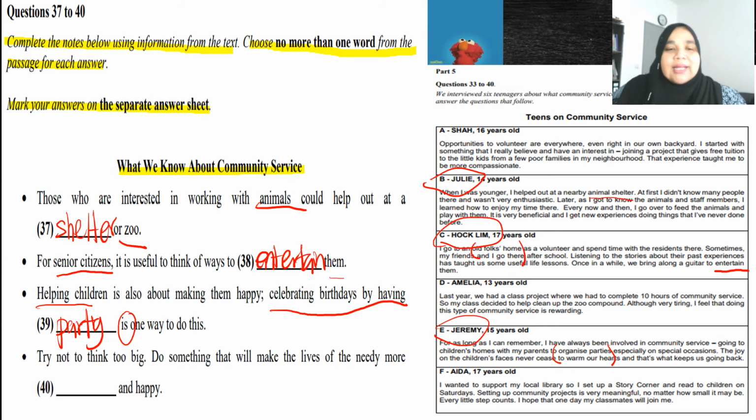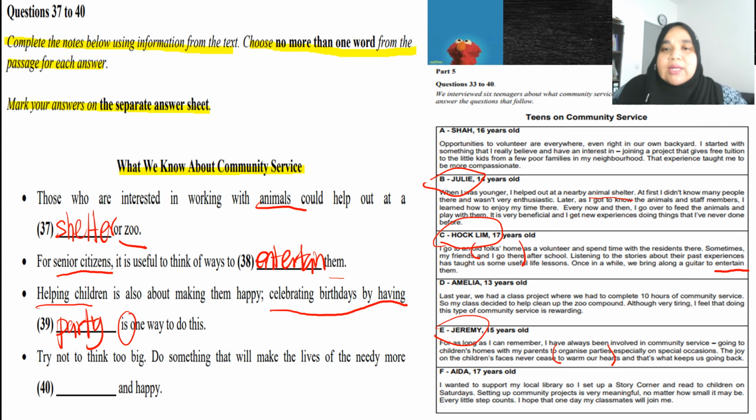Now, the last question, number 40. Try not to think too big. Do something that will make the lives of the needy more blank and happy. This question asks you to summarize everything, so you have to find a suitable word that could summarize.